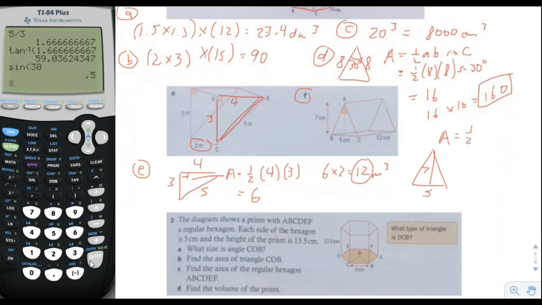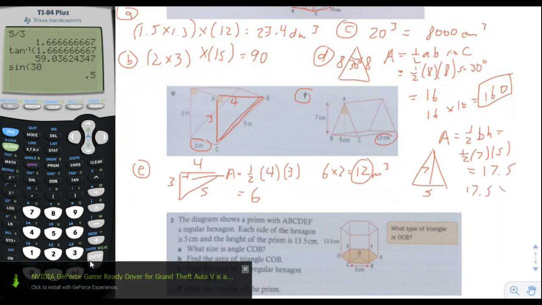It's 1/2 times base times height, which is equal to 1/2 times 7 times 5, which is equal to 35 divided by 2, which is 17.5. And then we can multiply it times the length, which is 12. Okay, and we'll get 210 centimeters cubed. Okay, and that's the answer for F.